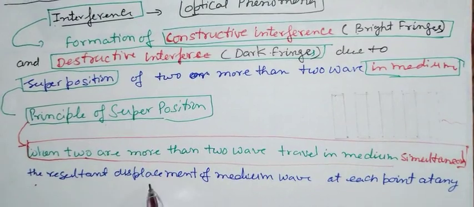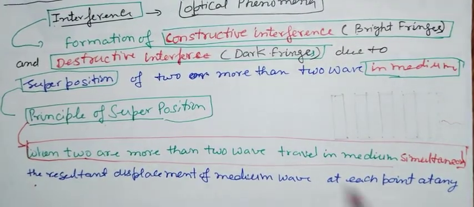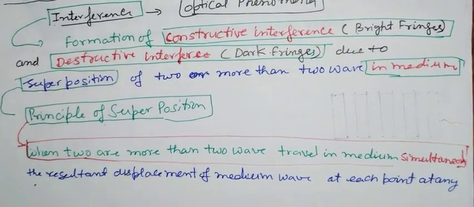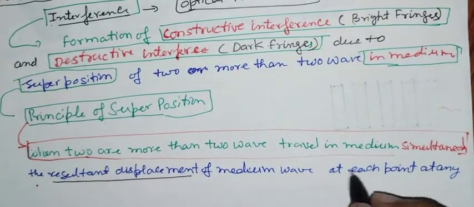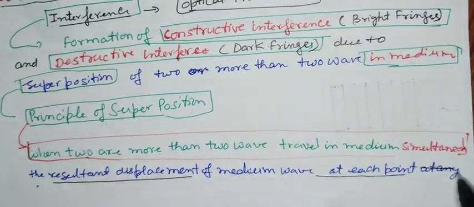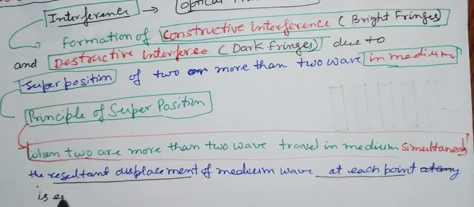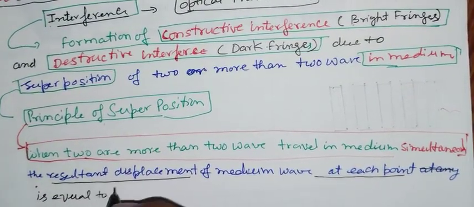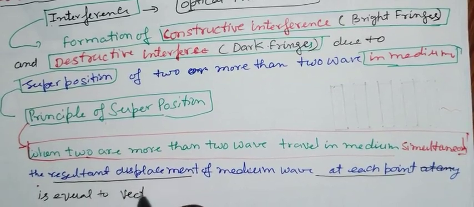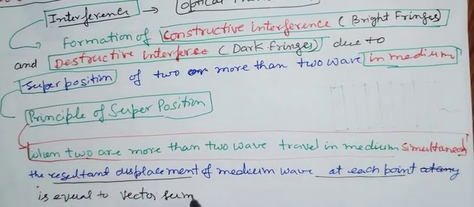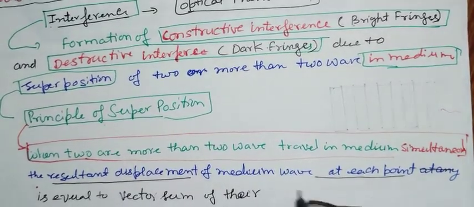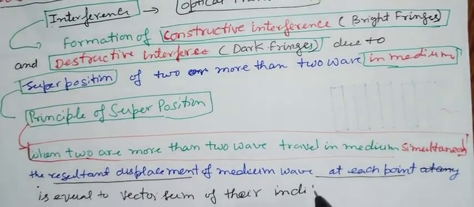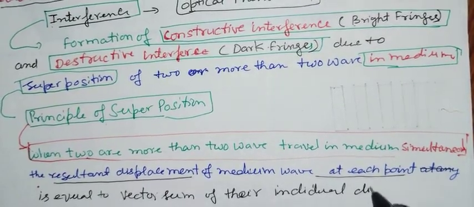The resultant displacement of the medium at each point is equal to the vector sum of their individual displacements.